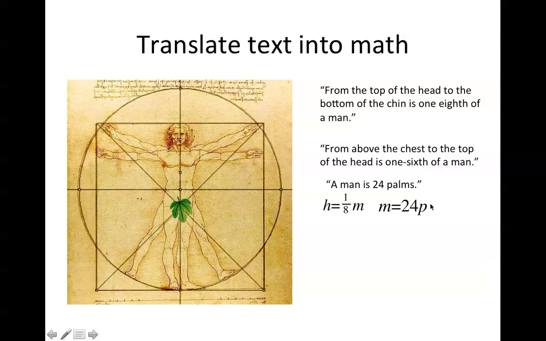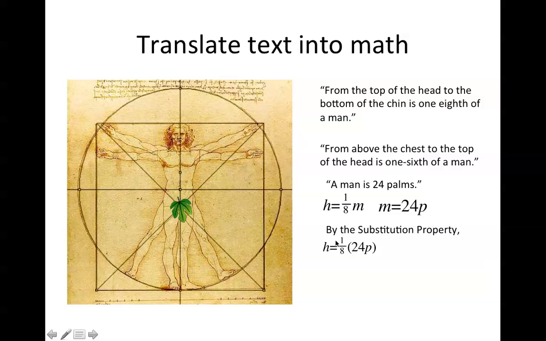All right, so if we want to find out what H is in terms of P, we can use the substitution property of equality, which says I can take this 24P and substitute it anywhere M is used in an expression. So instead of H equals 1/8 M, I have H equals 1/8 times 24P.